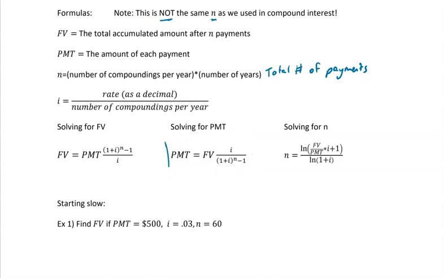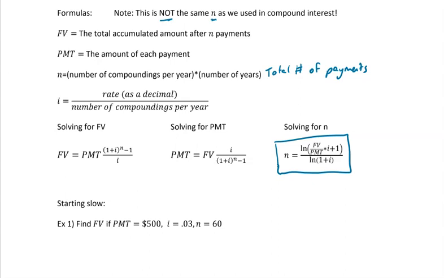The trickier one to solve is solving for n, that total number of payments. At least for now, I'm going to ask y'all to trust me that this is the formula. If you want to try solving for n, you can, but it's a little more involved with the logs than we've gotten into in this class.